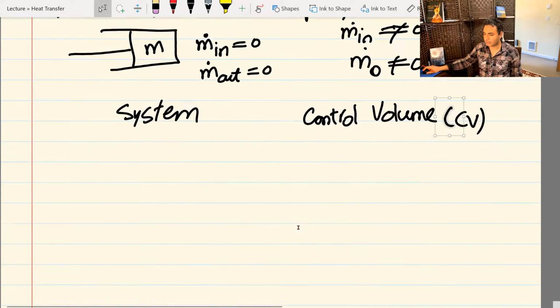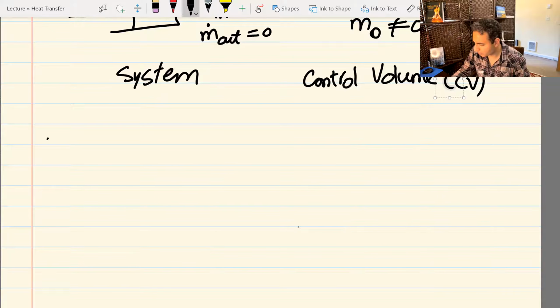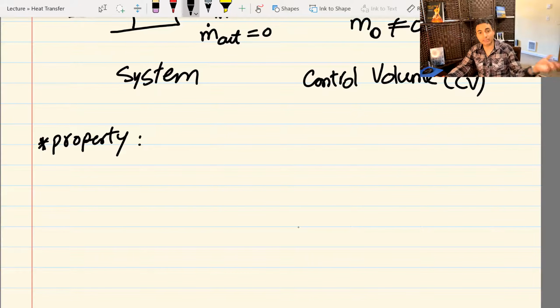The second thing, after defining the system, is a property. And a property, you know what a property is, certain characteristics of the mass inside the system, and/or the mass that goes across the boundaries of the system.